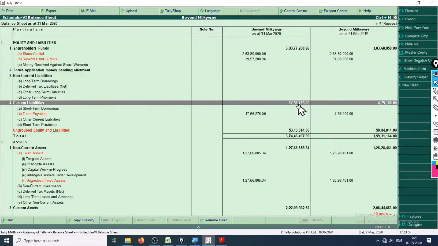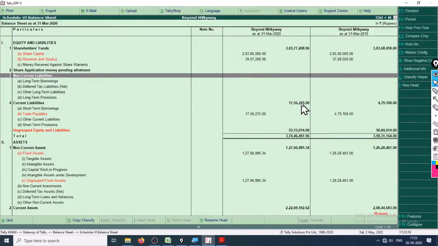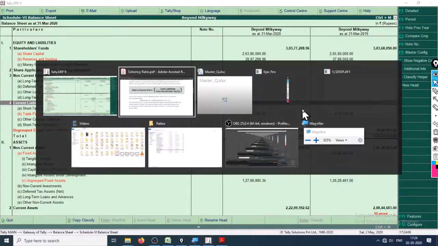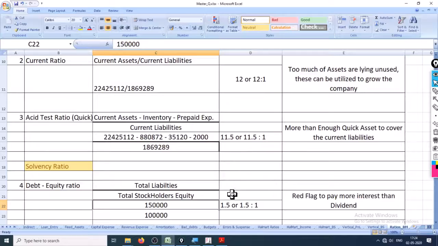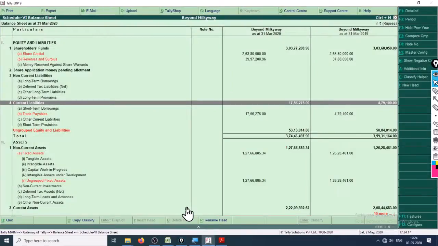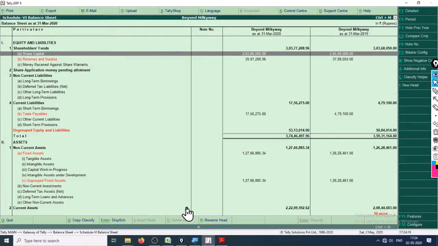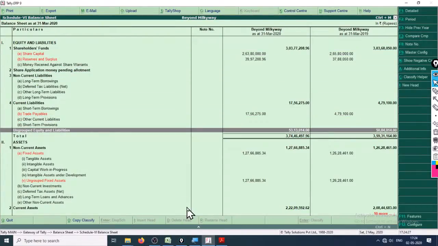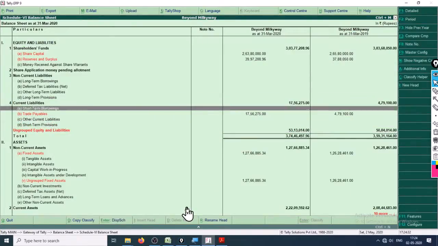So 1756275 divided by how much? Share capital plus reserves and surplus, that comes to a total of 303. But what is this right here? Ungrouped equities and liabilities. These are also liabilities only.